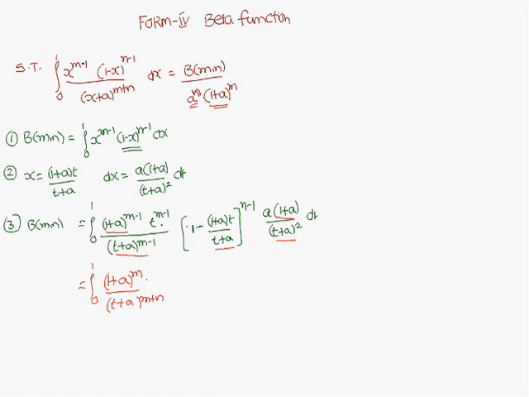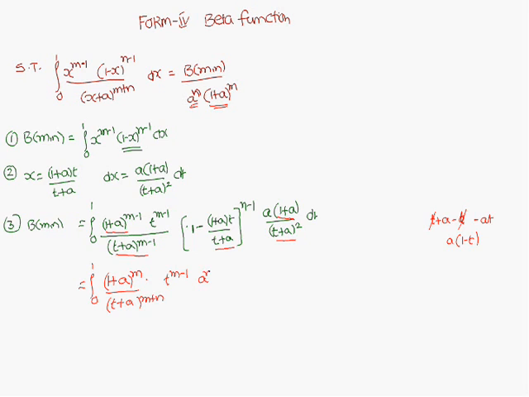So next one, t power m minus 1. Next one here, t plus a, if you do the LCM, t plus a minus t minus at. So what you are left with is a into 1 minus t.